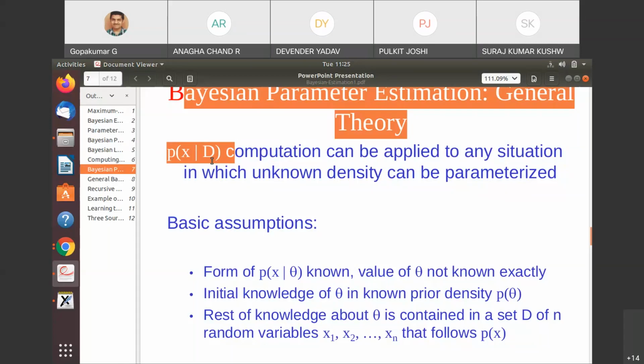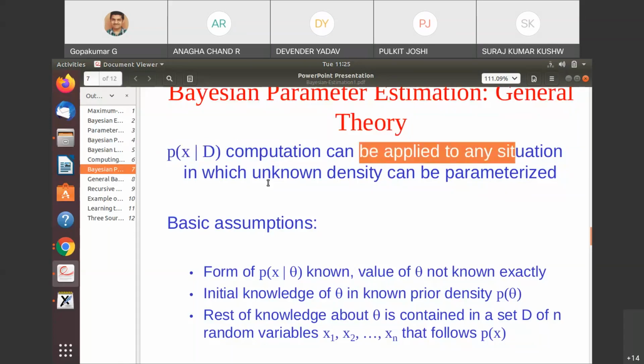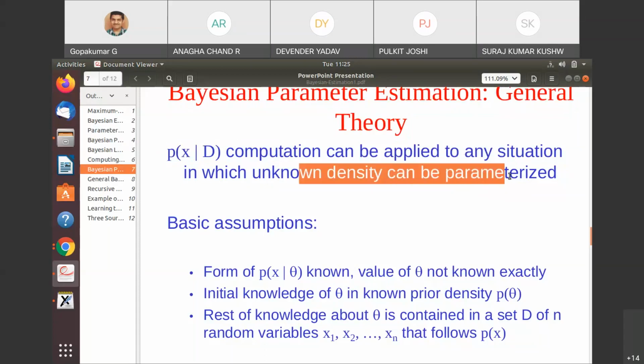So the computation can be applied to any situation in which the unknown density can be parameterized. That is the idea.